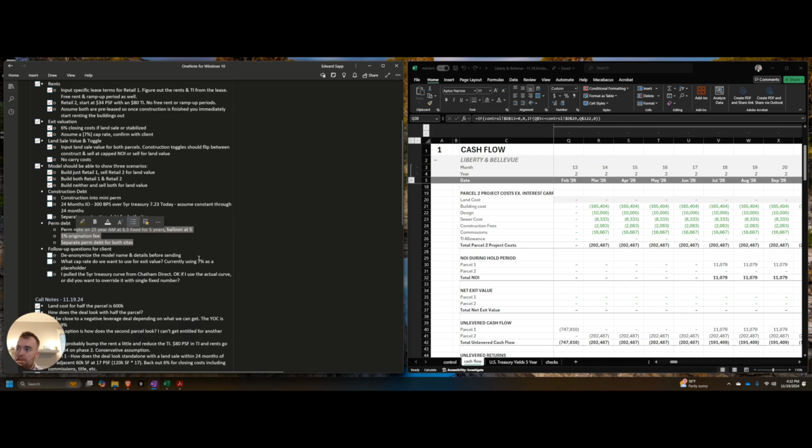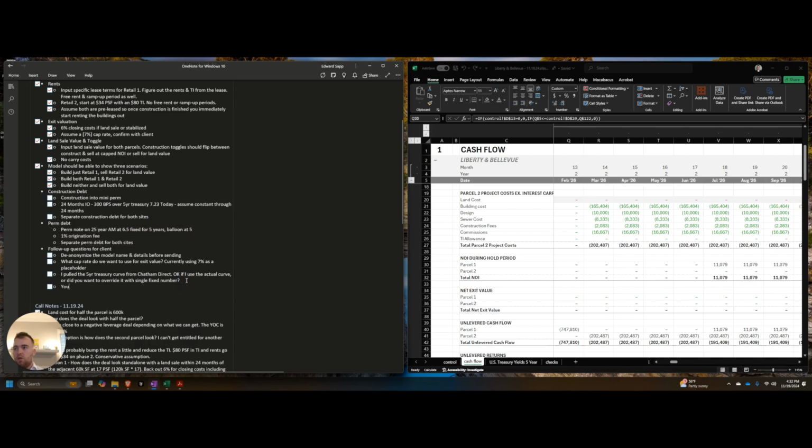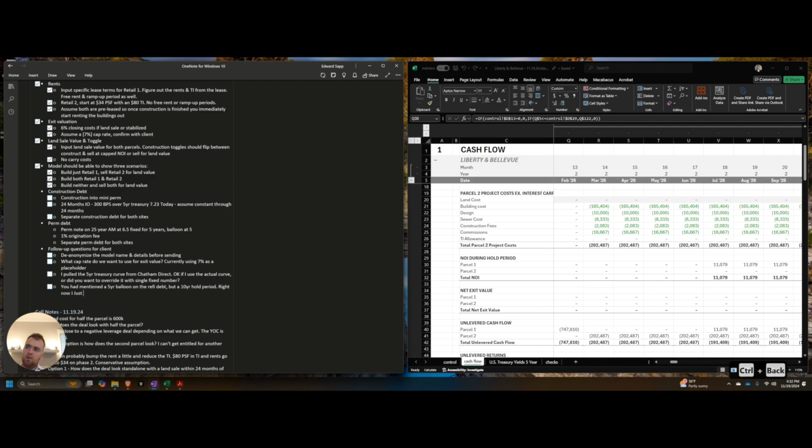So I'm going to add, you had mentioned a 5-year balloon on the refi debt, but a 10-year hold period. Right now, I just modeled that the refi debt continues to exist through the basic date. So I'm going to get rid of that balloon comment.